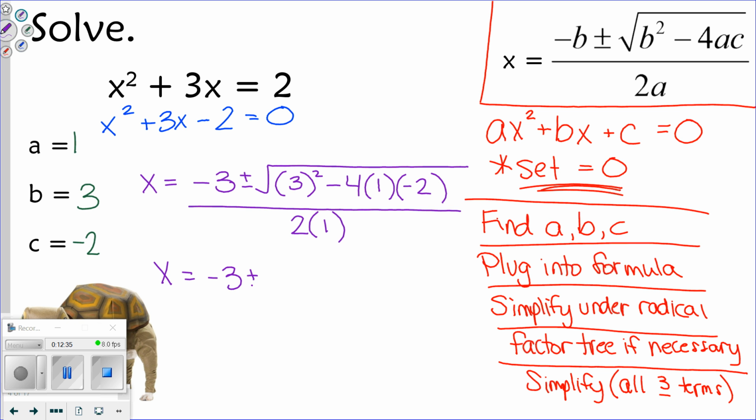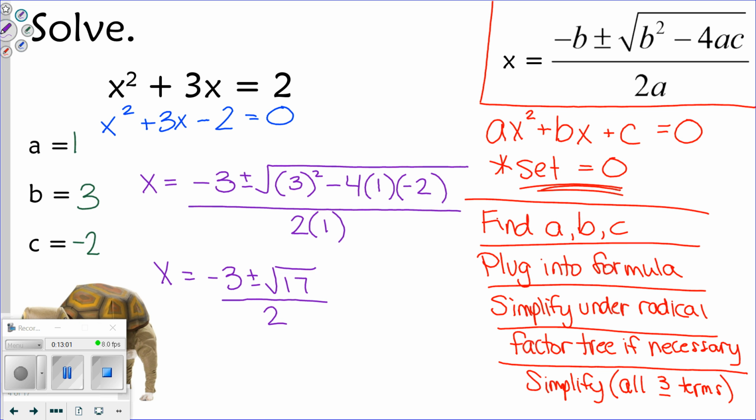Make sure that you actually get that to be 17. Is there anyone who's not able to get that 17? Okay, because if you can't use your calculator, that's a big problem.